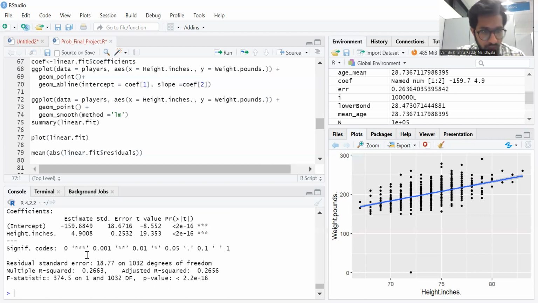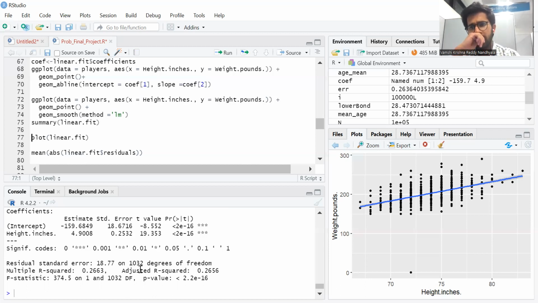And if you come down, you can see the significant codes, how significant these values are. And the residual standard error, which is an error calculated by summing up the values of residuals, is shown as 18.77. That means the error is supposed to be 18.77, that is about 18 pounds.